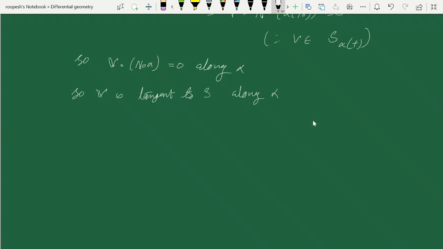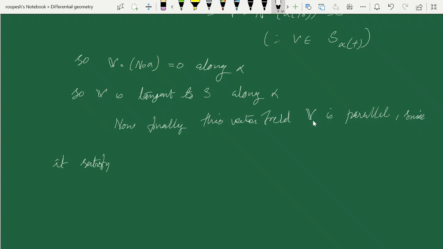Finally, this vector field V is parallel since it satisfies equation 1.